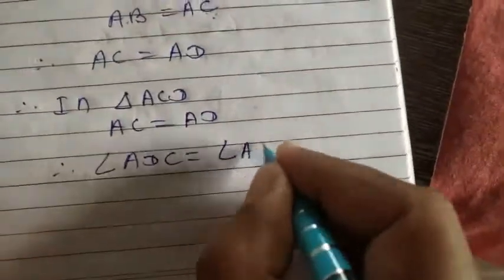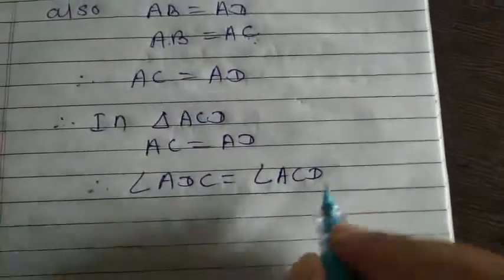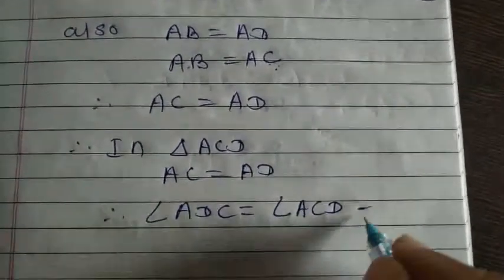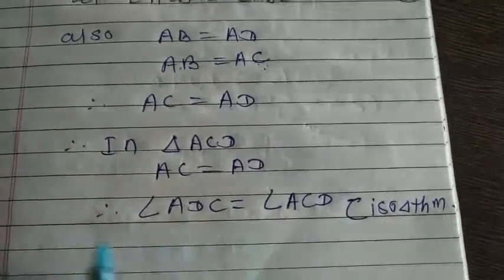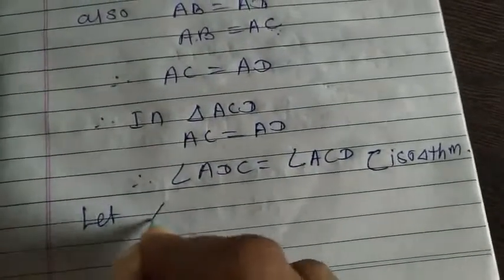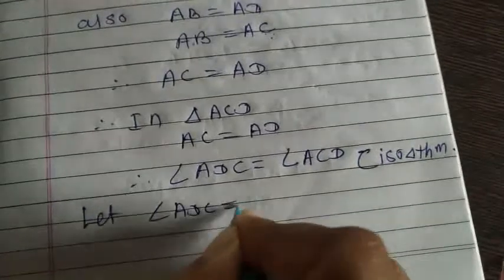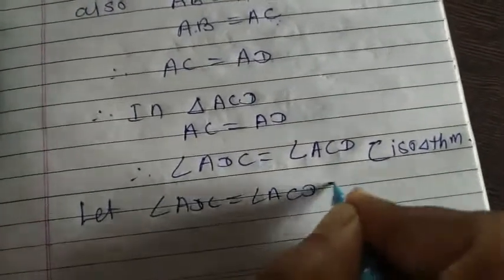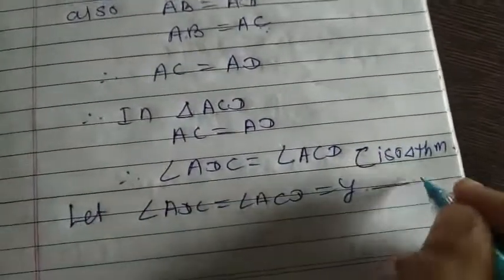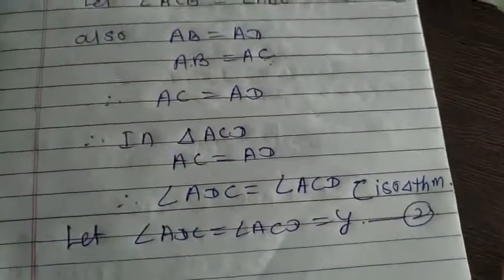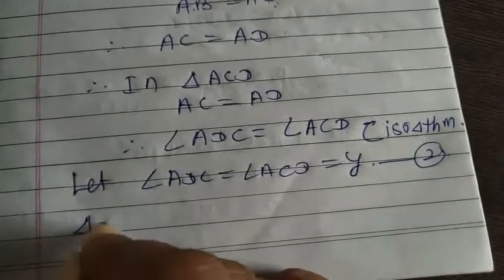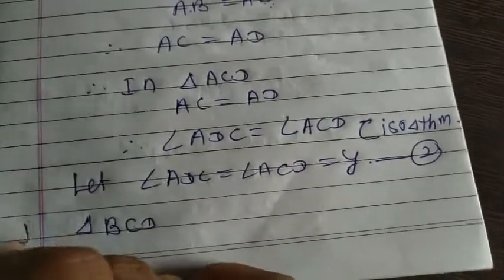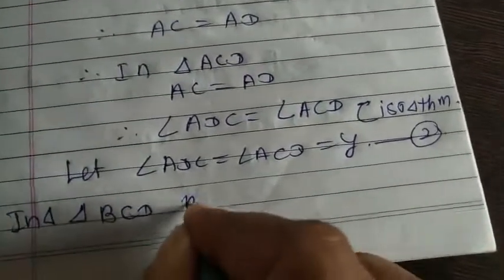Angle ACD. Both the angles are equal, and the reason is the same, isosceles triangle theorem. Now suppose the measure of these two equal angles is y. Give equation number 2.